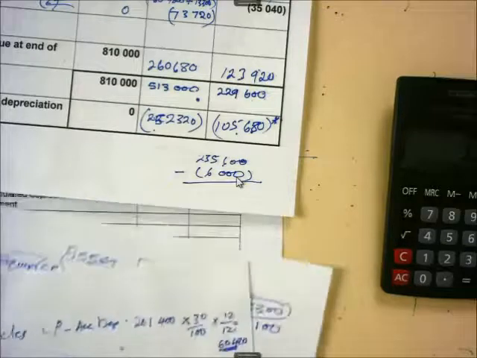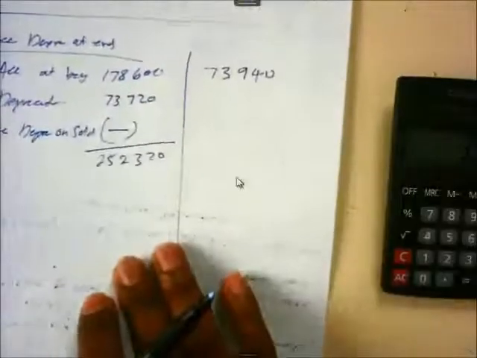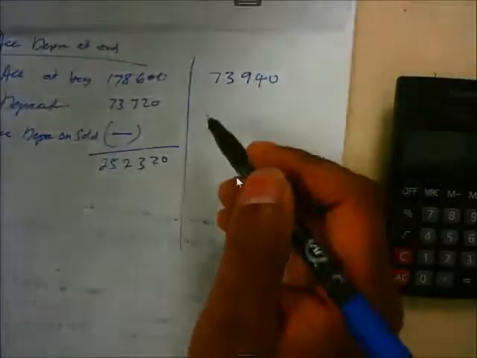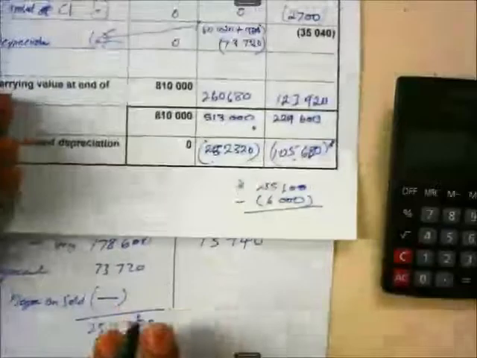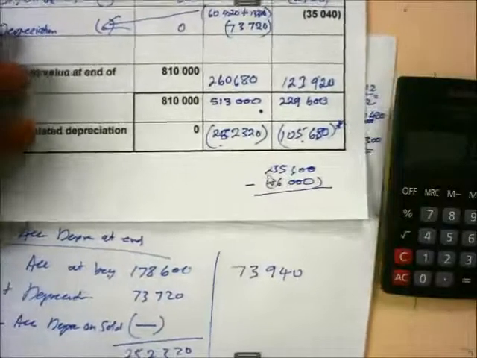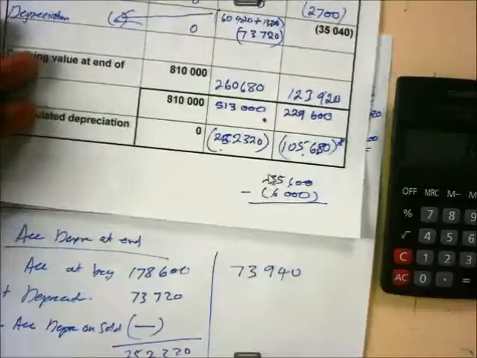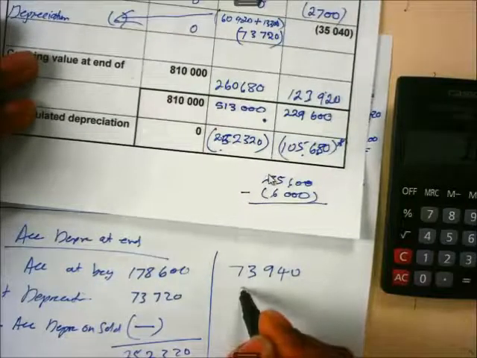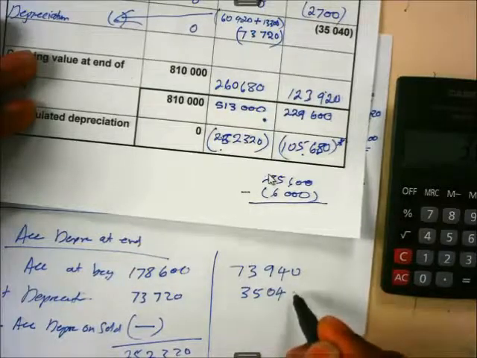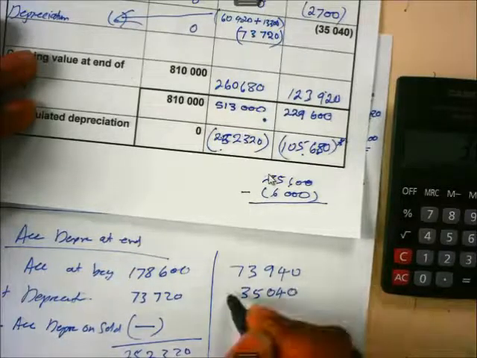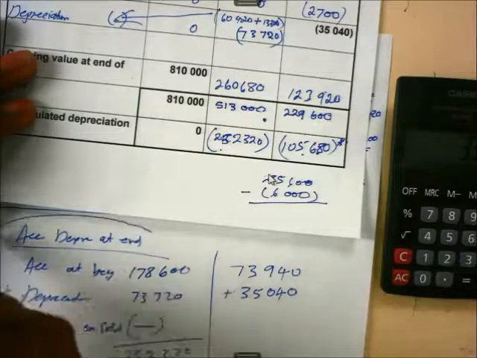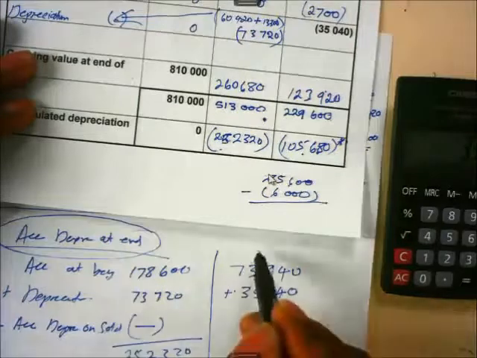73,940. Accumulated depreciation at the beginning of the year, 73,940. Right? Depreciation for the year. What is the depreciation for the year? It was given to us as 35,040, which we must add. Remember, we want to calculate accumulated depreciation at the end of the year for what?